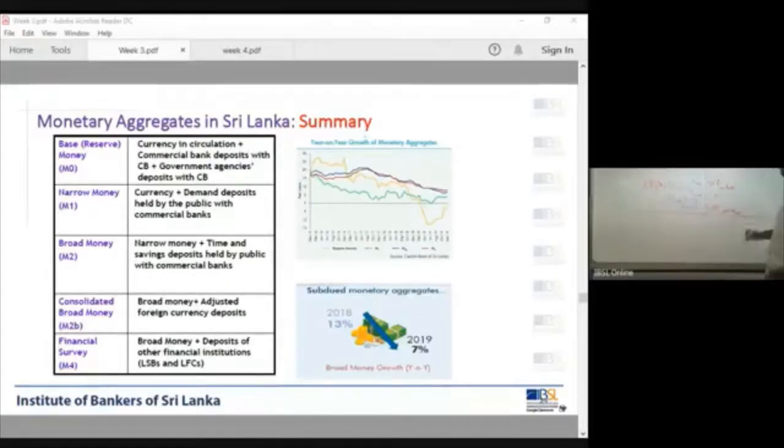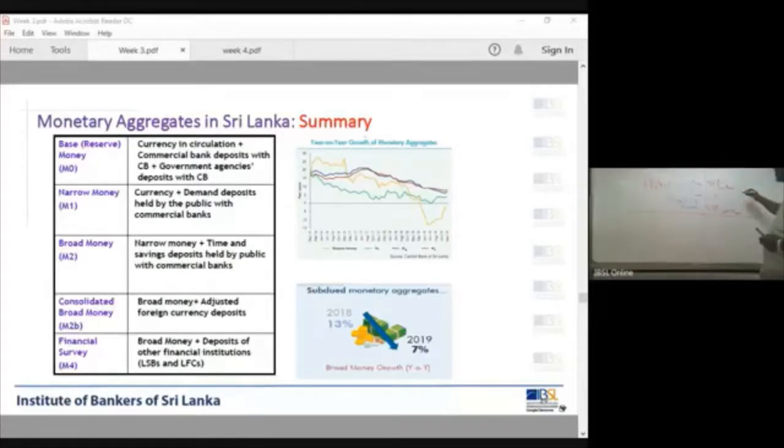In our exam, we are not talking about NFA and NDA, net foreign assets and net domestic assets. What we need to know are the factors actually related to these two variables. I hope you have some idea about these factors we already discussed.